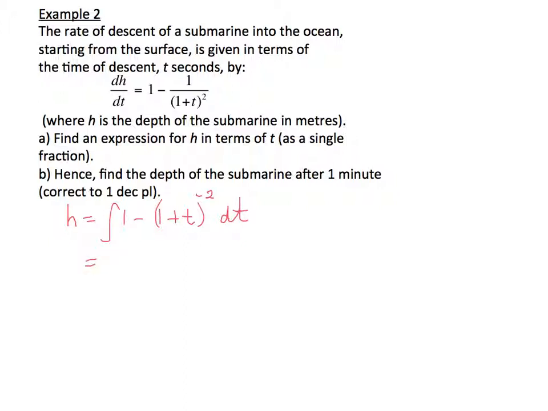The integral of 1 is going to be t. When we're integrating a function of a function, we've got a linear function inside the brackets. 1 plus t is linear, so we can use that function of a function rule. We add 1 to the power, divide by the new power, and also divide by the derivative of what's inside the brackets.